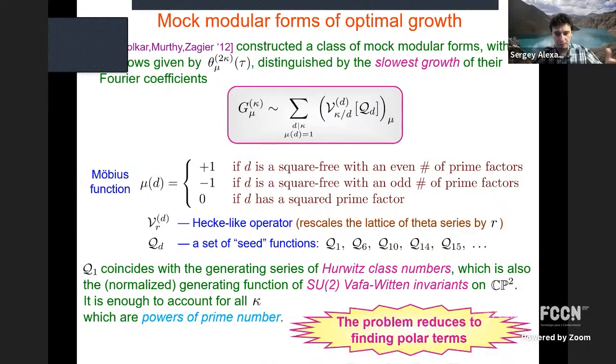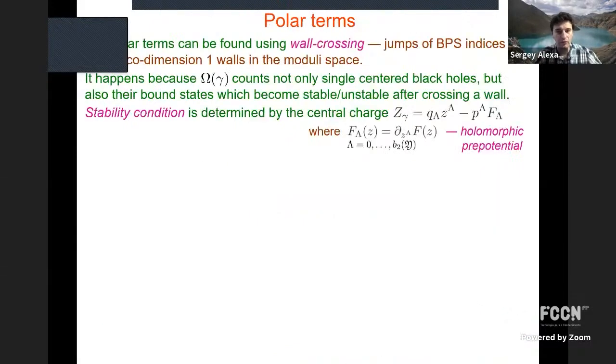And at this point, once we have a solution of modular anomaly, it remains just to compute polar terms. We do this in the same way as we did it in the reducible case, namely using wall crossing. So let me recall what this means.